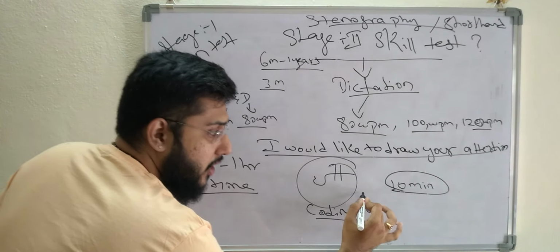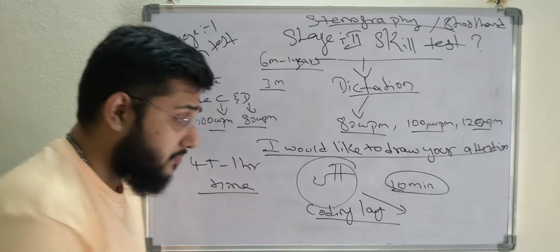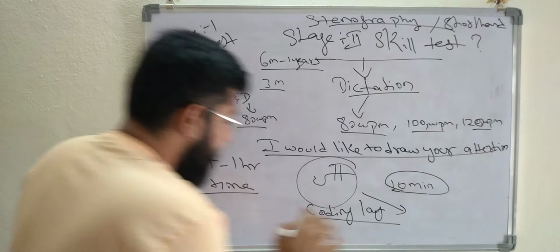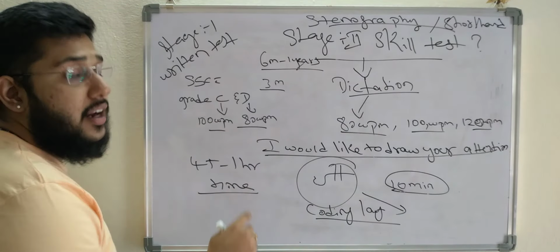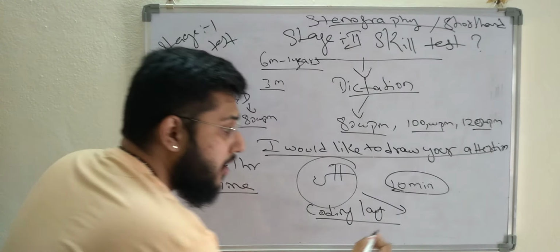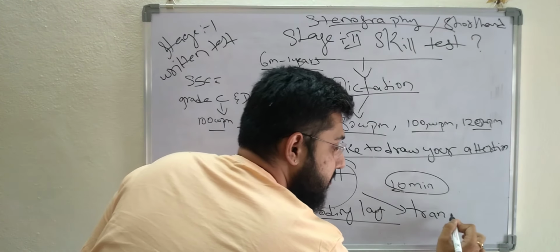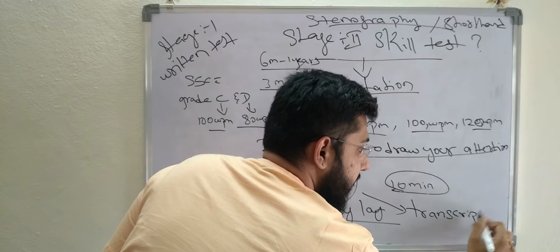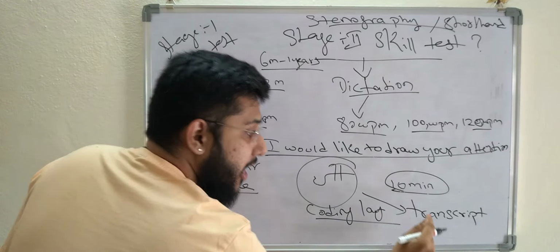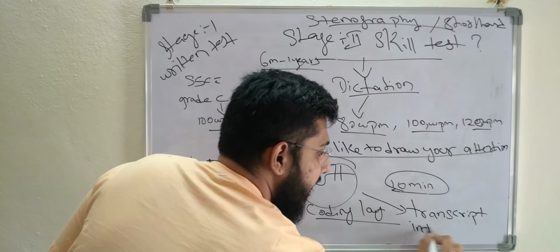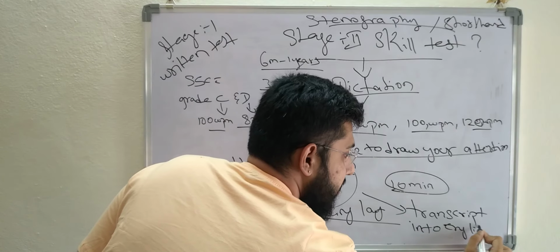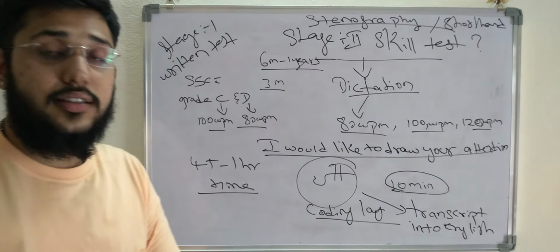So you are writing this coding language in your book. After writing, they'll give you 45 minutes to 1 hour, and they'll provide a system. You have to transcribe this into English.